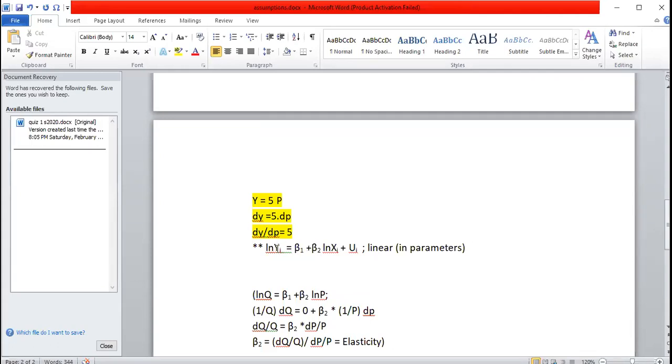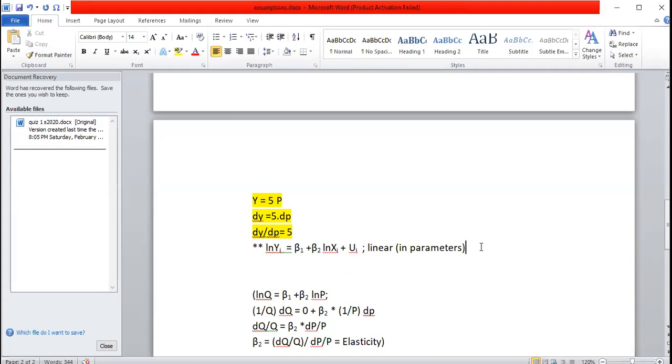Let's say y is the production of rice, x is the rainfall. What is x? Rainfall.